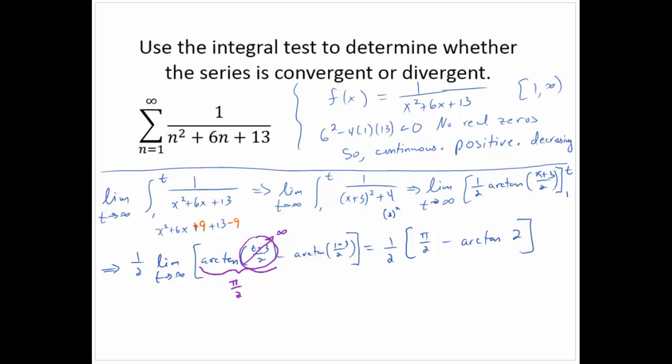Arctangent of 2. And the arctangent of 2 is some real number. And so this is a real number. And so therefore, by the integral test, sigma n equals 1 to infinity of 1 over n squared plus 6n plus 13 converges.